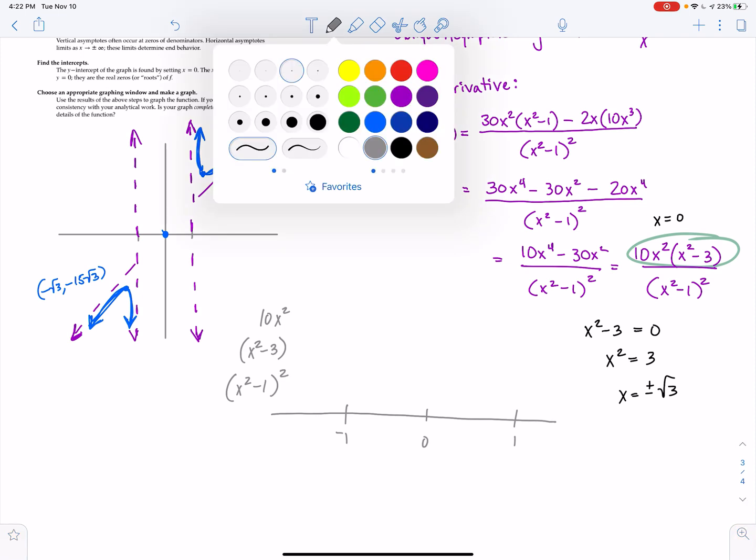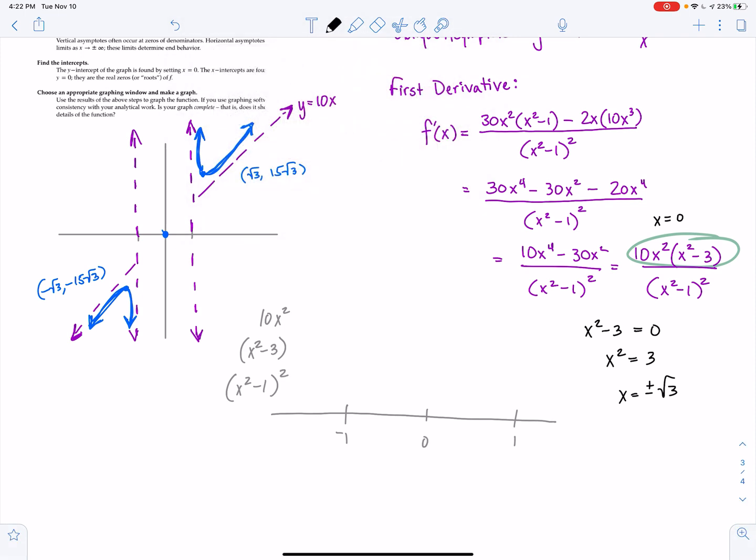Now we are looking for the sign here, and we know that 0 is going to make our first derivative equal 0. So we know that this sign here is going to be 0. But we are really looking at what's happening around 0. So here we go.